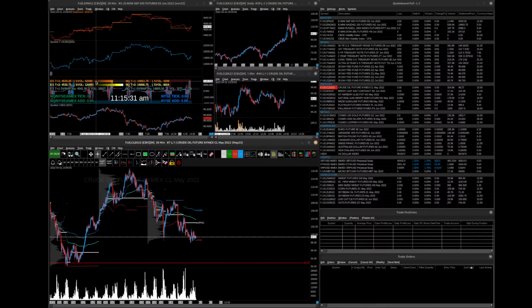These bars basically look back at the last year and compare the volume to what's normal. So this is an above average close on T1.